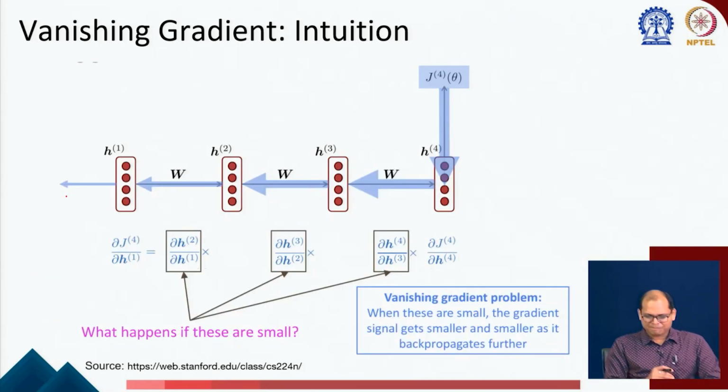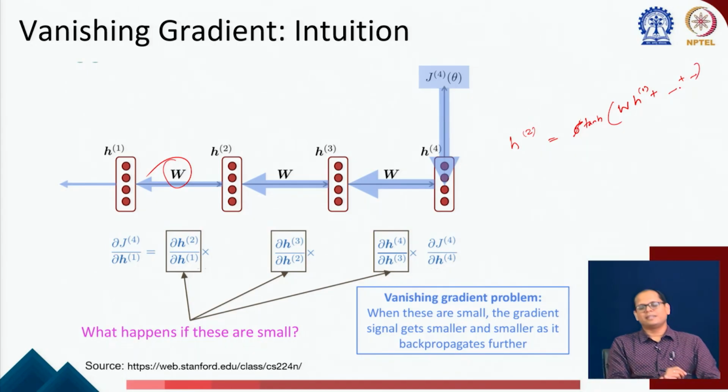They all depend on this matrix W. We can do this math: H2 depends on some nonlinearity, sigmoid or say tanh, applied to W H1 plus something on the input plus some bias term. In this case I am just writing W, it was U in our notation.